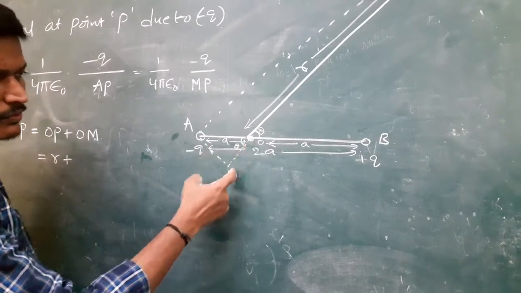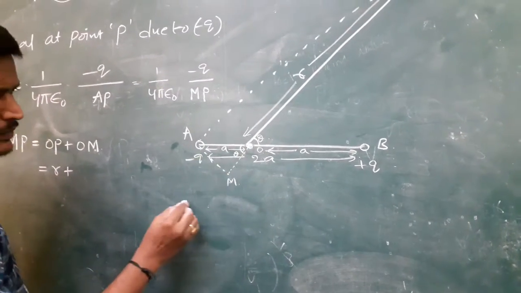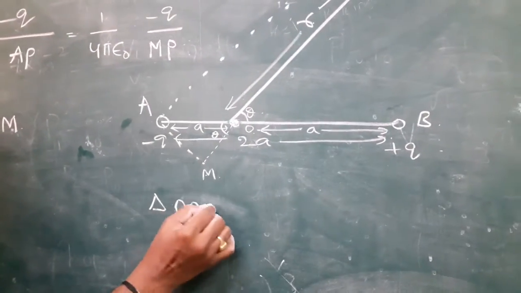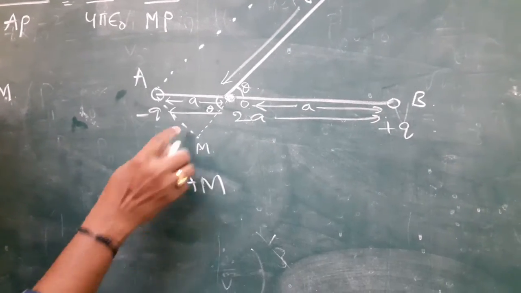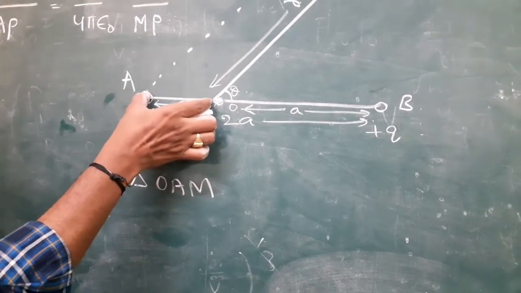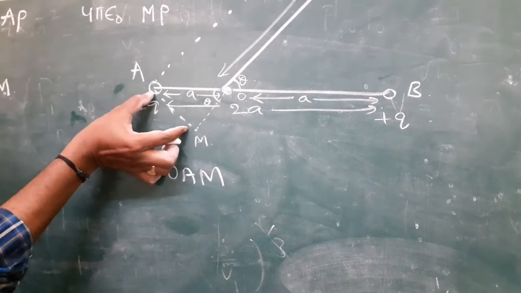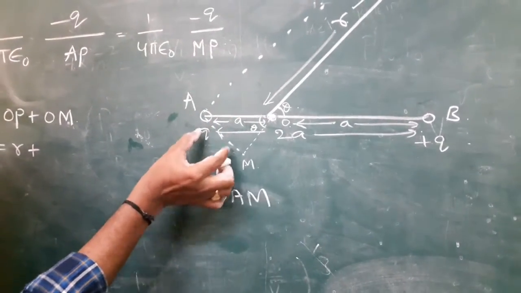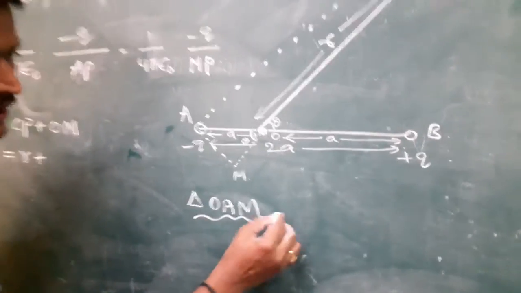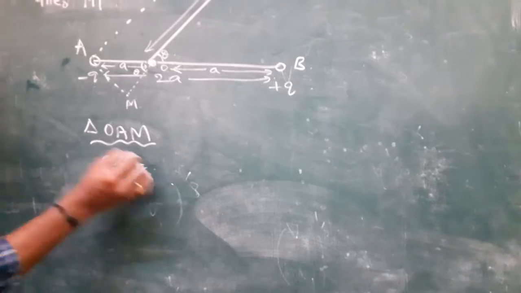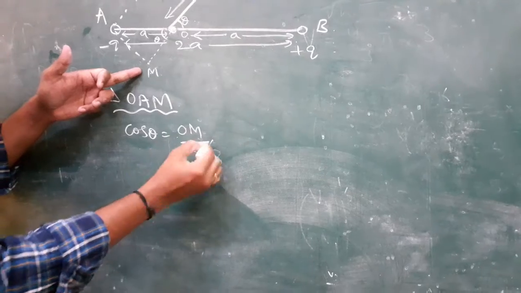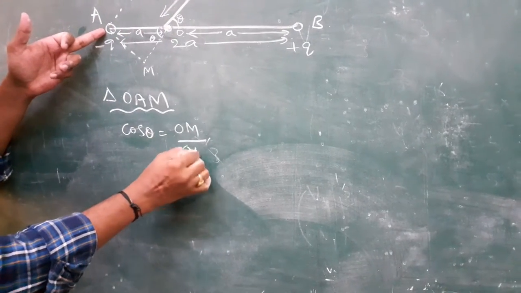OM we can measure from this triangle OAM. The adjacent side and the hypotenuse: from the triangle, cos theta is equal to the adjacent side OM divided by the hypotenuse OA.